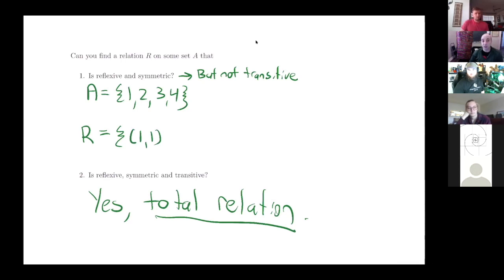So just to be clear, if we want this to be reflexive, then what other elements should definitely be in this relation? So I'm going to say that 1 is related to 1. What else?